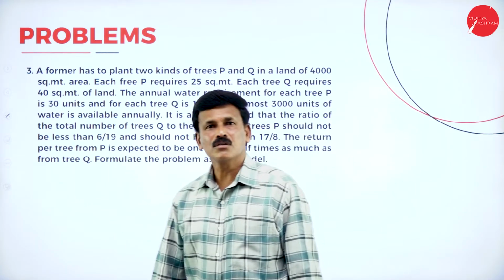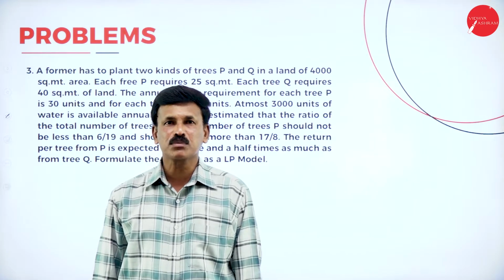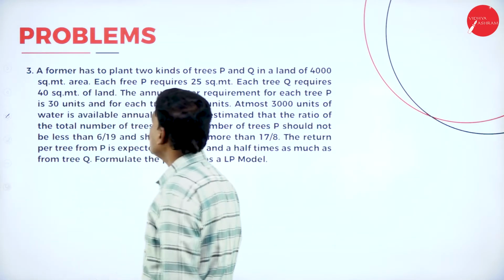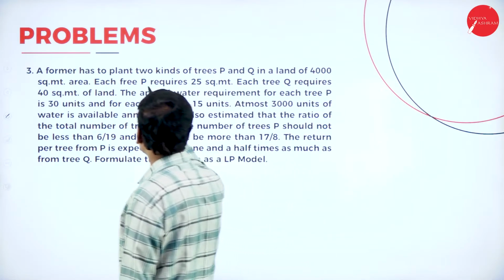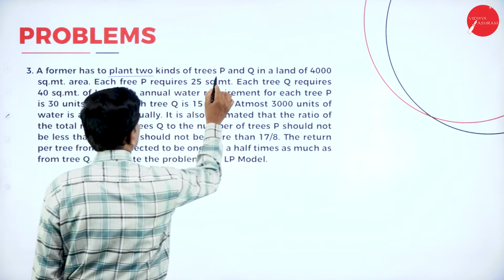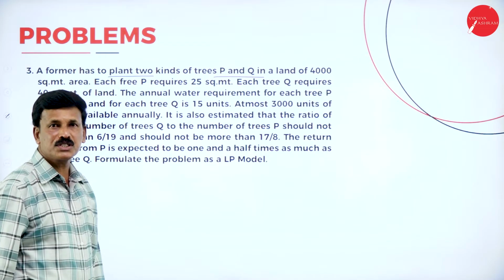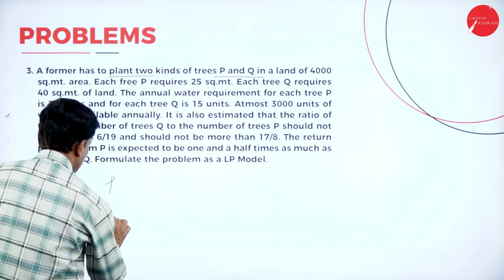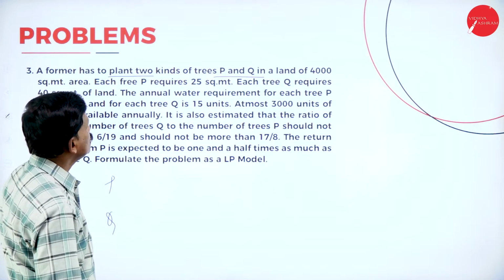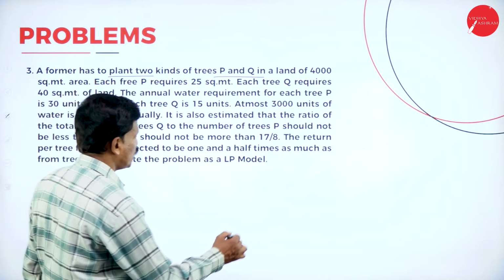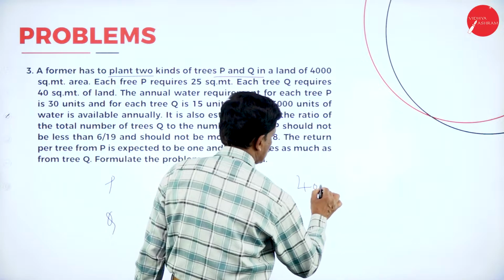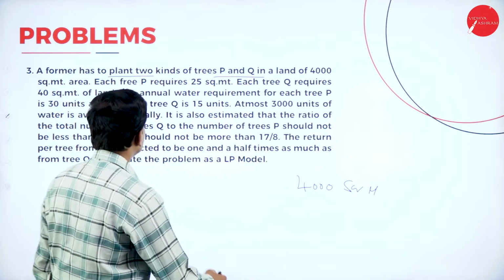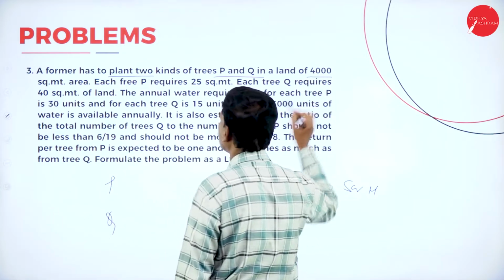Now let us come to the next problem. This is also an important problem for 7 marks. A farmer has to plant 2 kinds of trees, P and Q, in a land of 4,000 square meters of area.